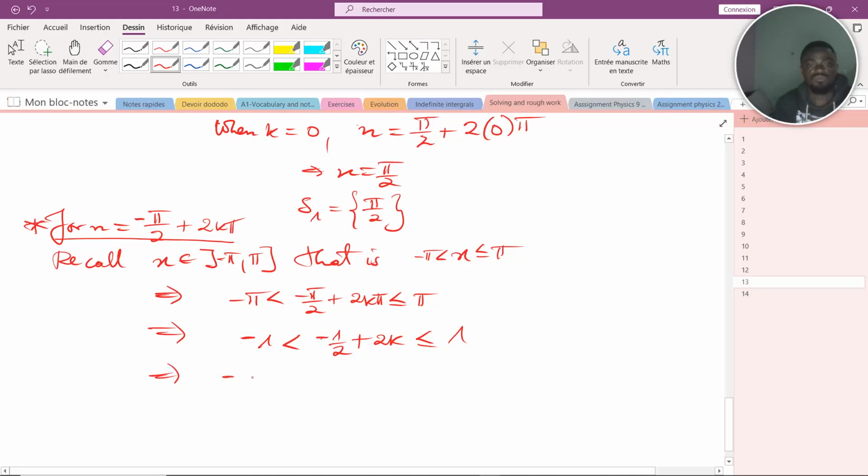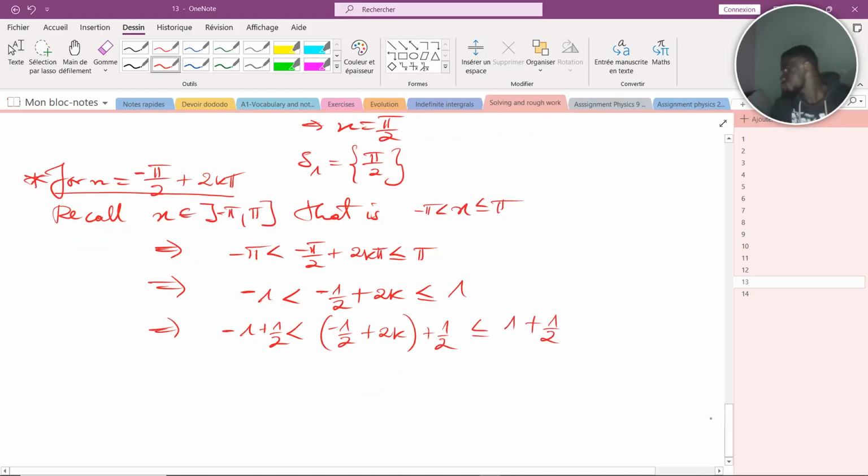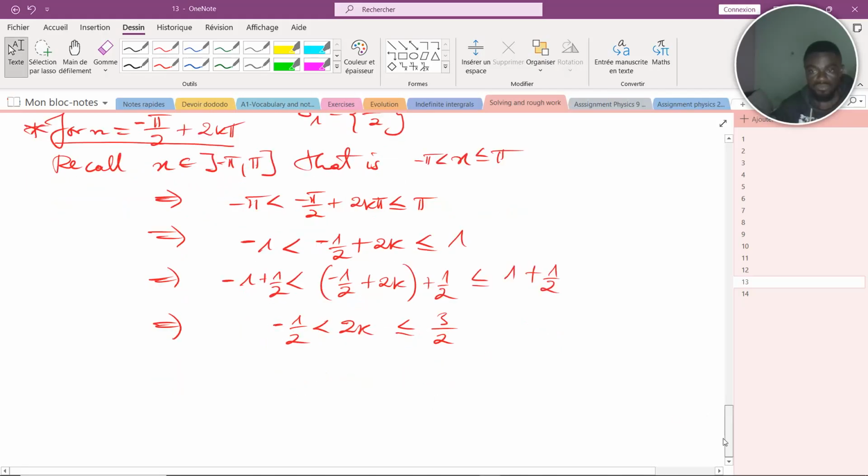So I'll have minus 1 plus a half less than minus a half plus 2k plus a half less than or equal to 1 plus a half. So this implies I'm going to have what? This a half and this will go. This will leave 2k, strictly greater than minus a half, less than or equal to 3 on 2. Is that okay? Perfect.